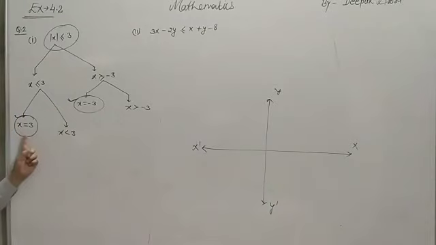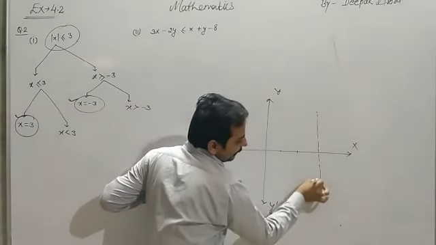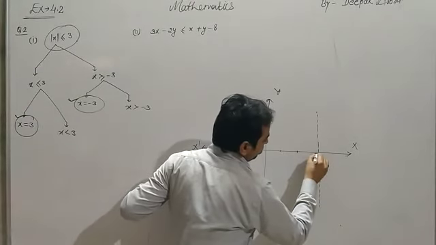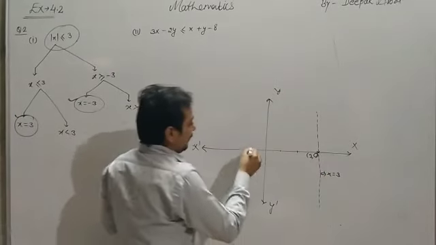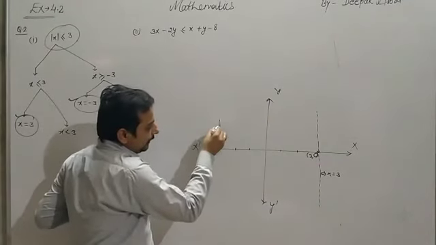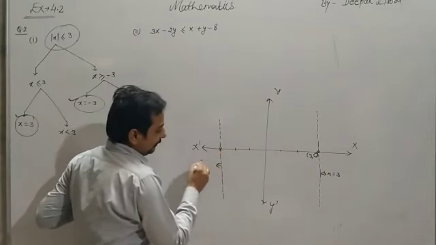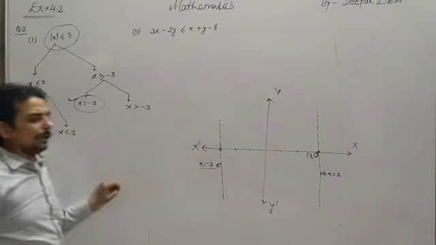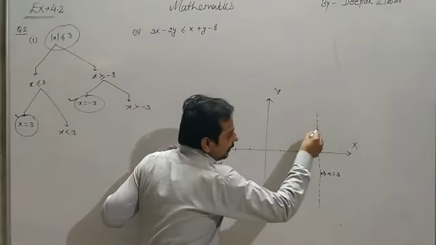First we draw the line x equals 3, passing through the point (3, 0). Similarly we draw the line x equals minus 3.